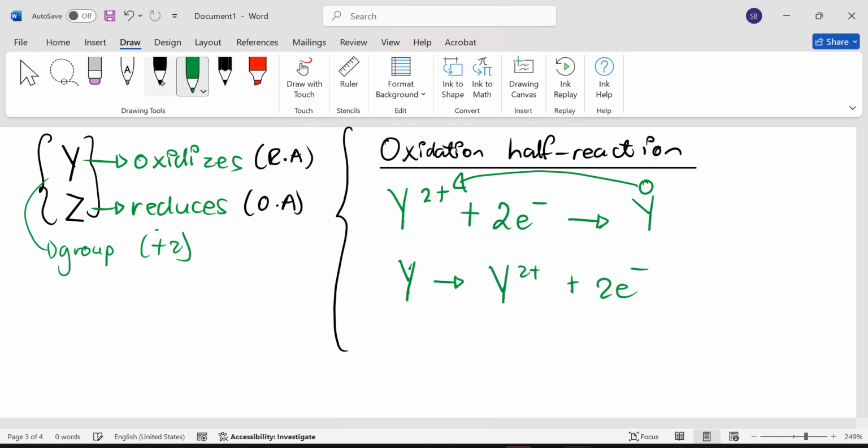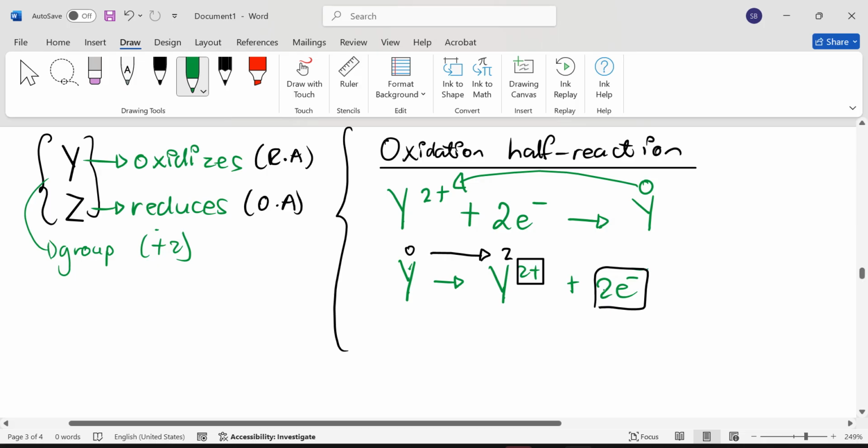Why? Because we had an oxidation number of 0 here and now we have an oxidation number of 2. It must move from 0 to 2 to say that it oxidized. Oxidation number increases. It also lost the 2 plus here, which tells me that it lost how many electrons? 2 electrons. I really hope you guys are seeing that.